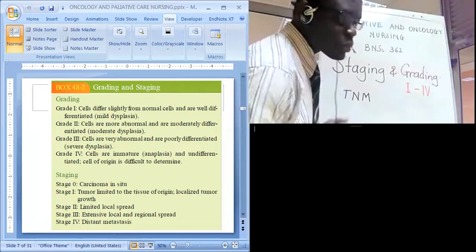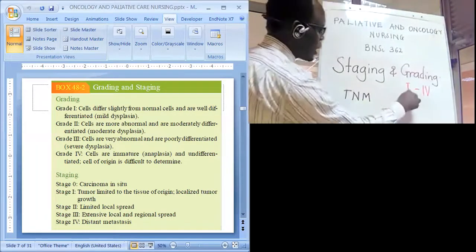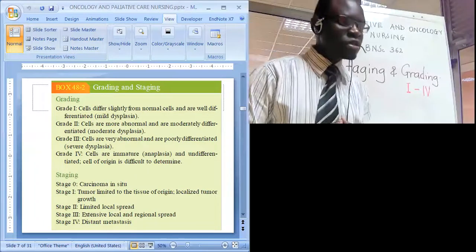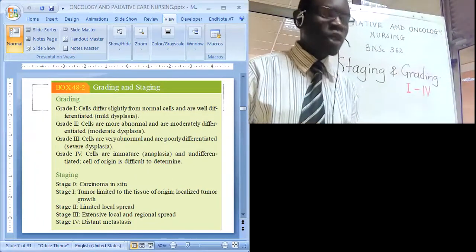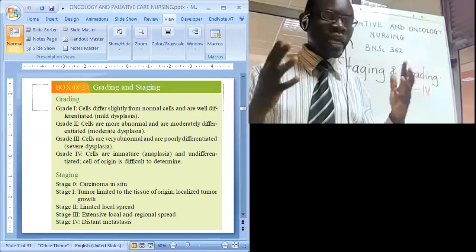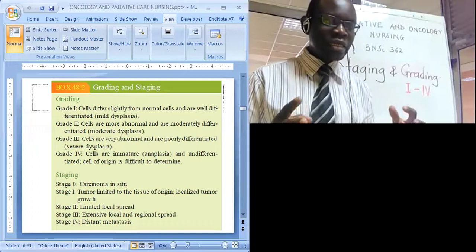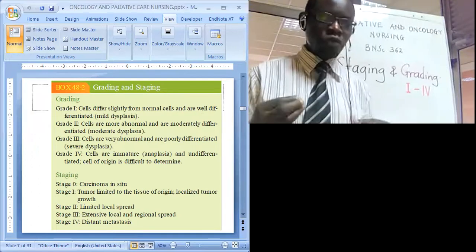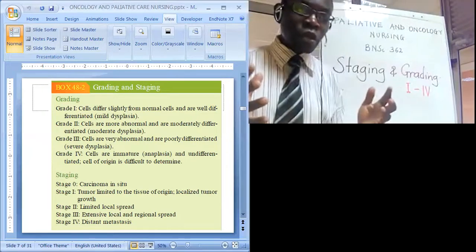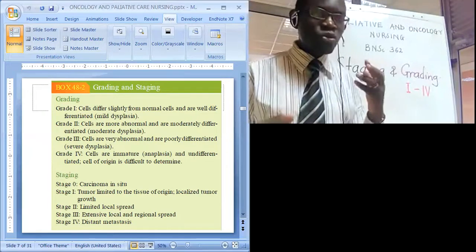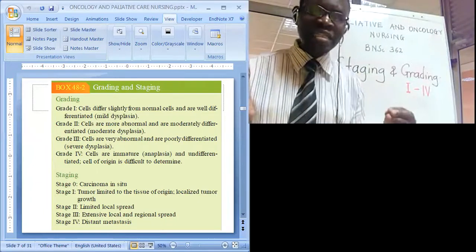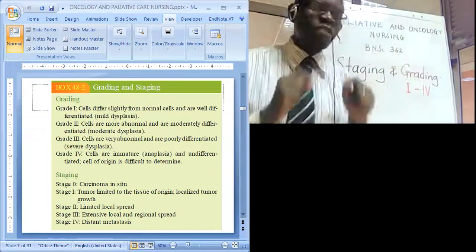Now, with grade 1, when we talk about grade 1, we mean that the cells differ slightly from the normal cells. Remember, we say that cancer is a malignant growth of neoplastic cells. Remember, when cells grow, they are supposed to differentiate. In other words, they are supposed to specialize into their specific functions.